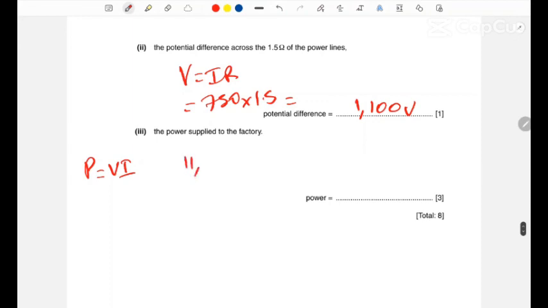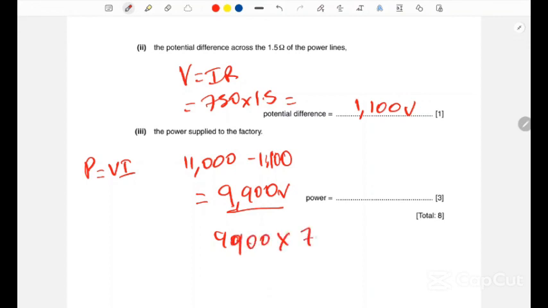So we can do 11,000 minus 1,100. When we do that, we get 9,900 volts.